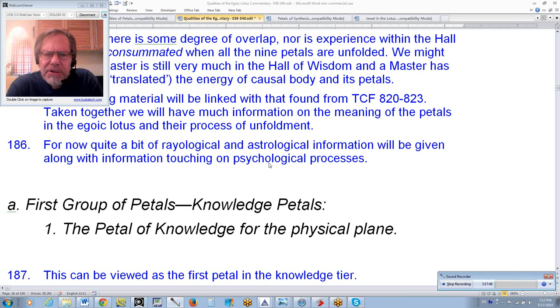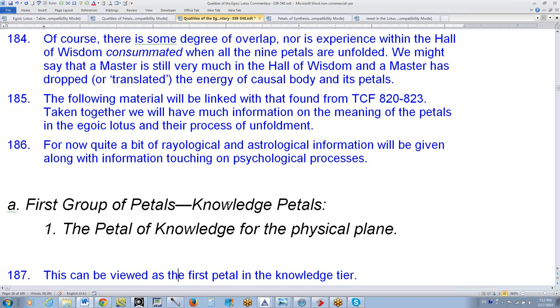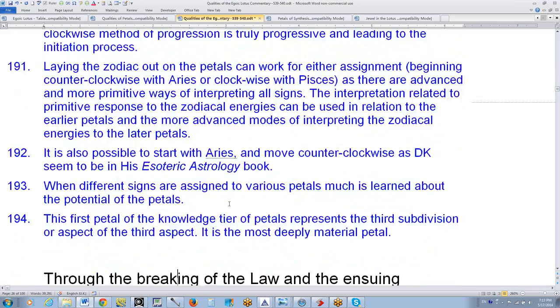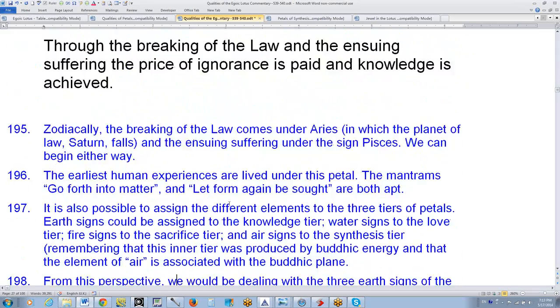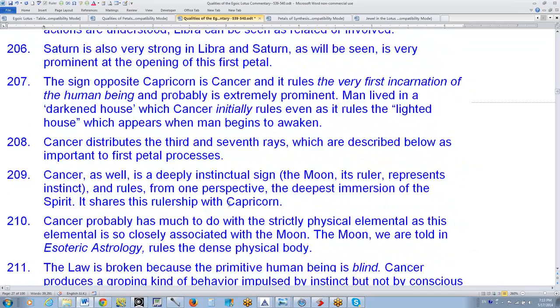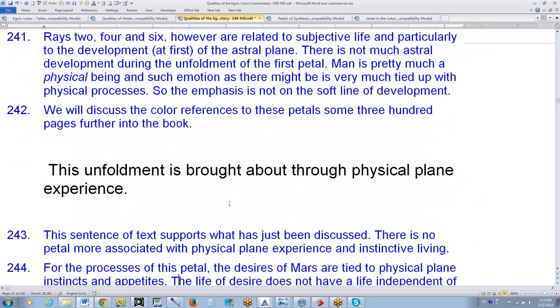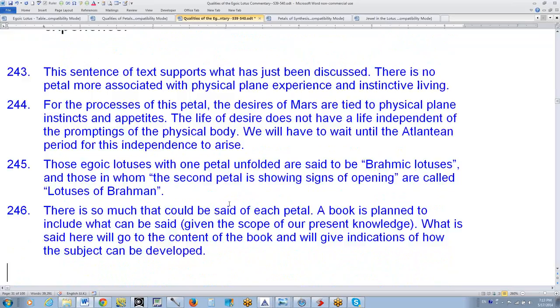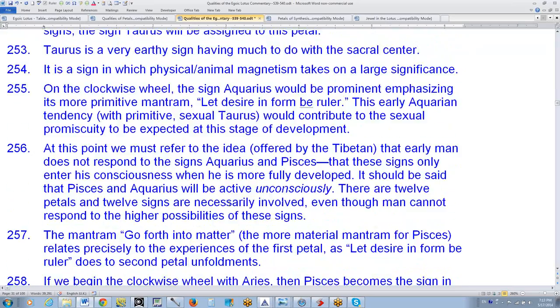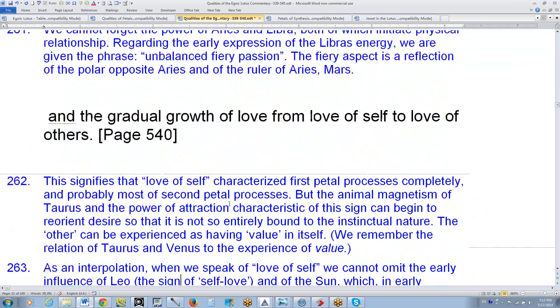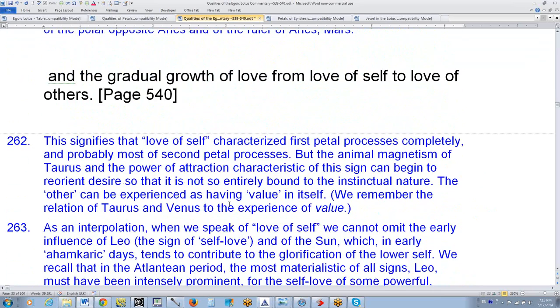But now we're going to take up a more concrete version of this same thing. We're going to look at each petal, petal by petal, and this will be material that can be drawn together when we examine the synthesis of these, really petal by petal.